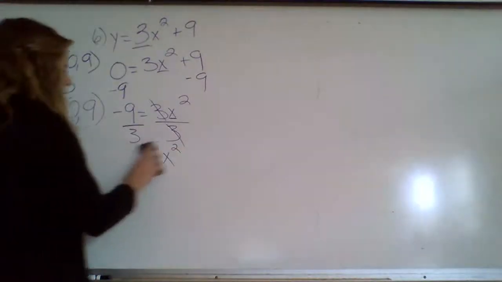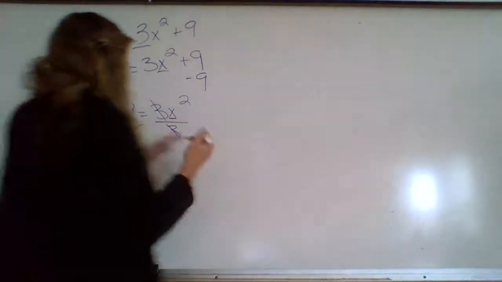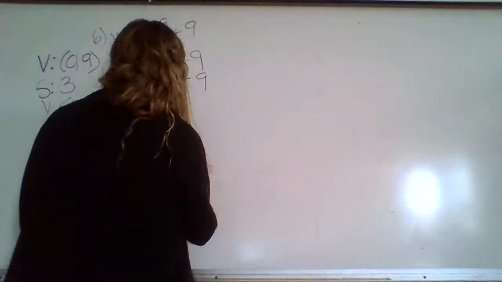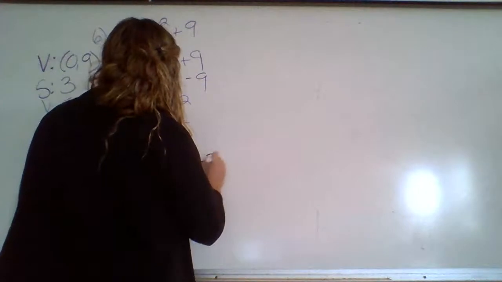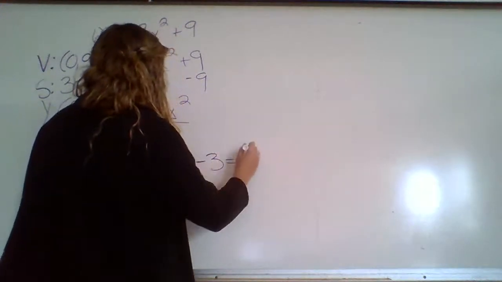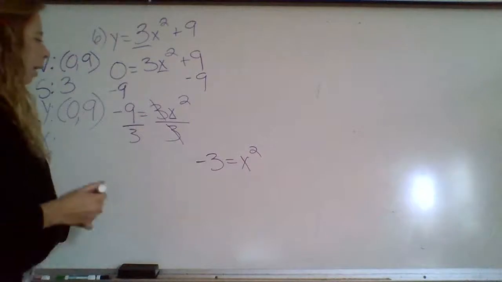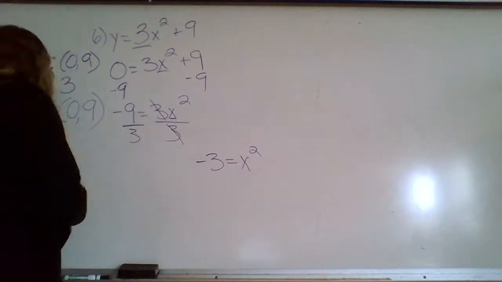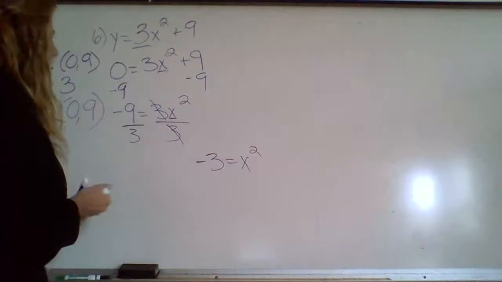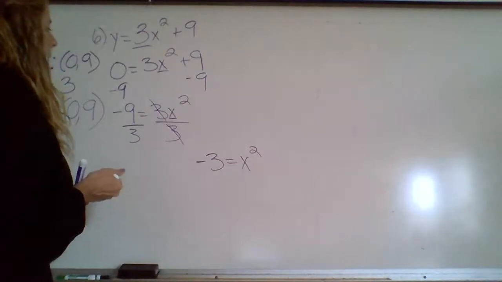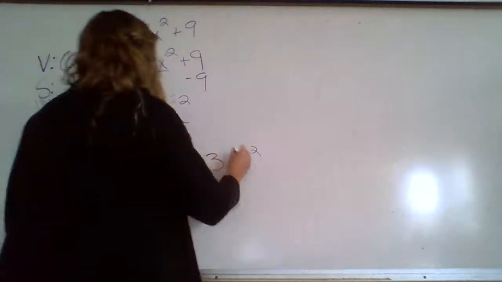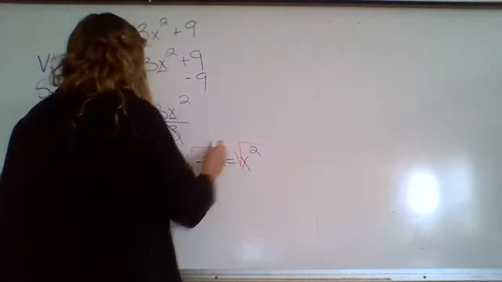Negative 3 equals x squared. Okay. That's what we got to. So now your next step would be to take the square root of both sides. Square root of this, square root of that.